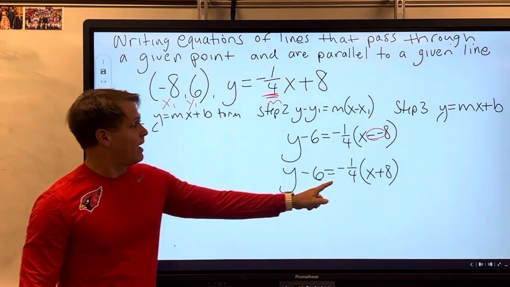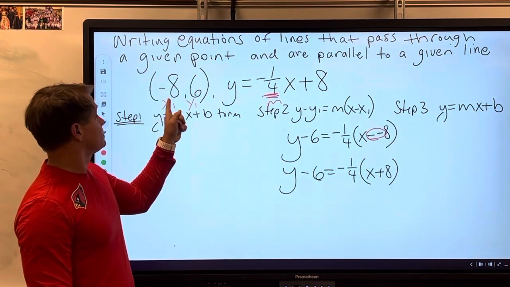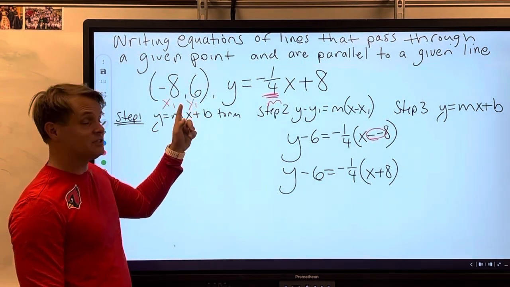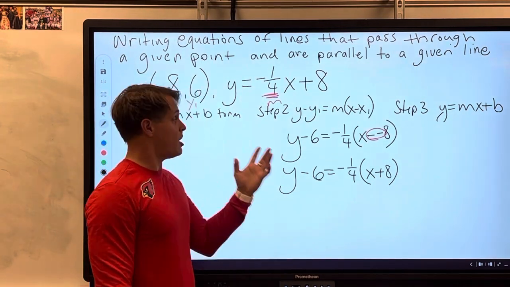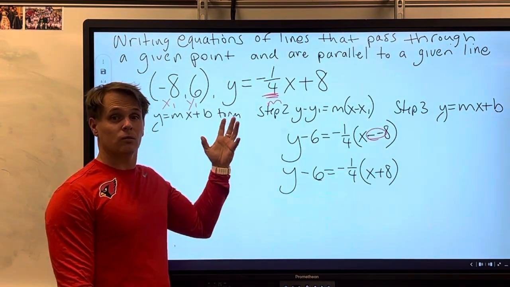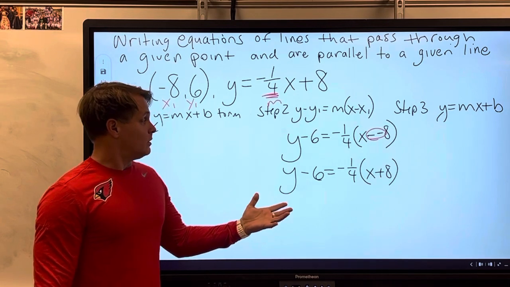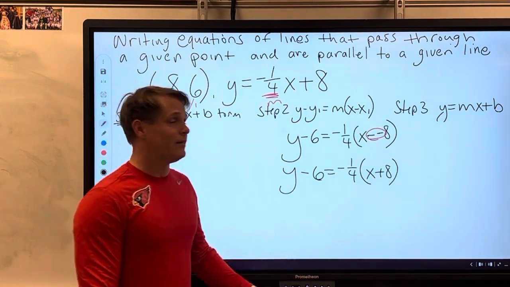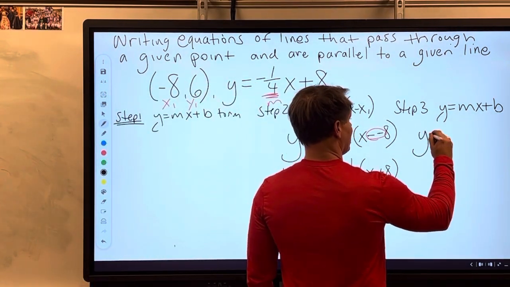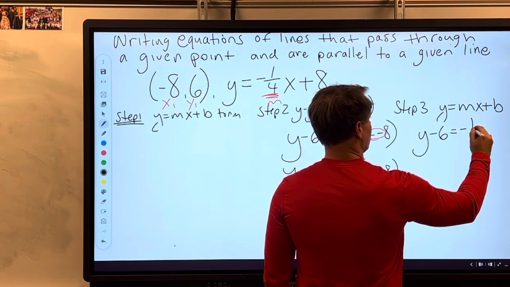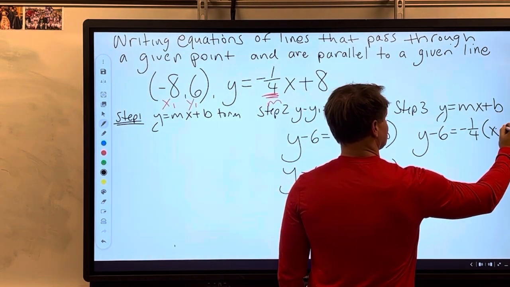Now you can see that we have +8 and -6. Here we have a -8 and a +6. The signs are changed. They always do when you put them in and take them out. Now the last step, I need to simplify this. y minus 6 equals -1/4 (x plus 8).